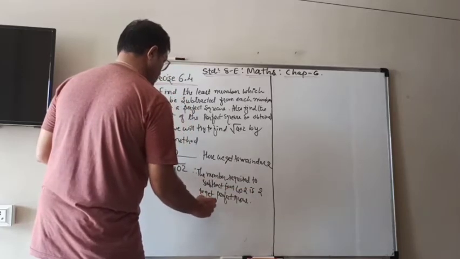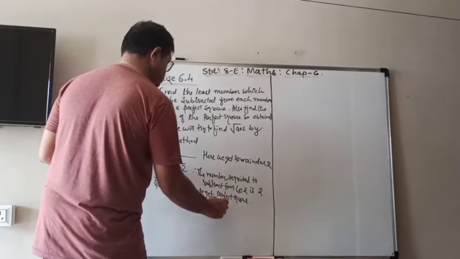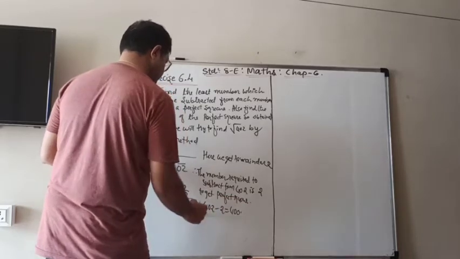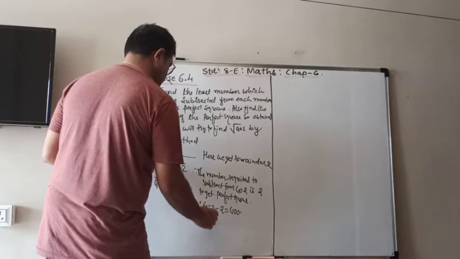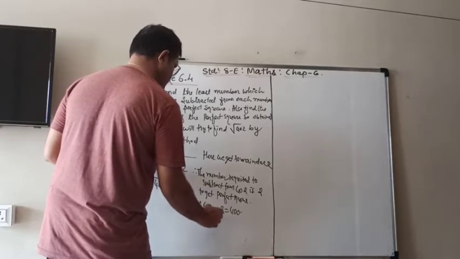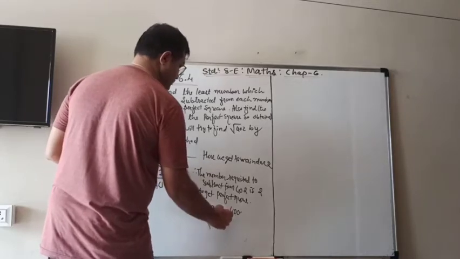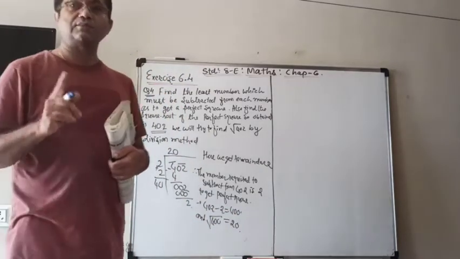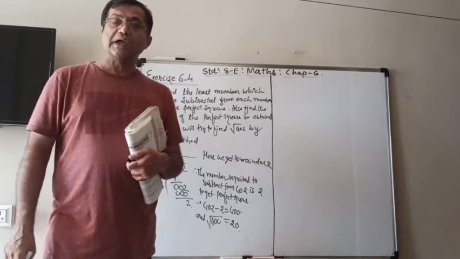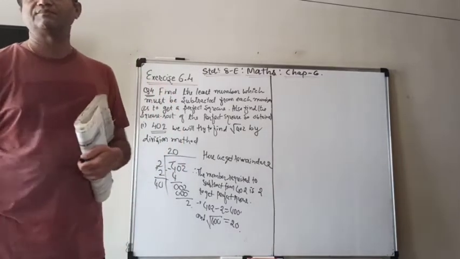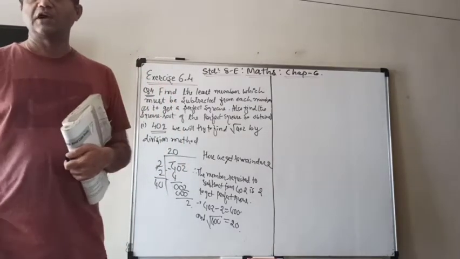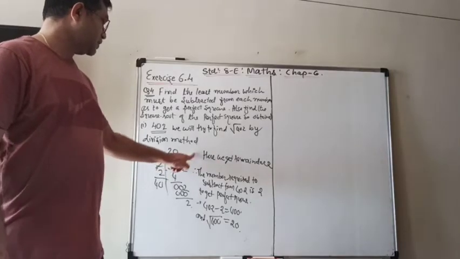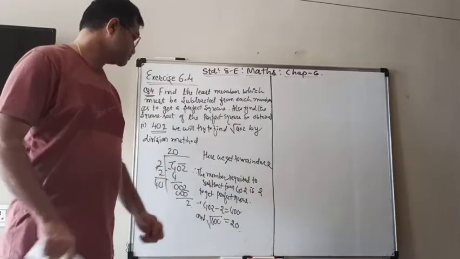Therefore, 402 minus 2 is equal to 400, and the square root of 400 will be 20. So we have to find the square root by the division method, and whatever is the remainder, that remainder we have to subtract from our number so that we get the perfect square number.